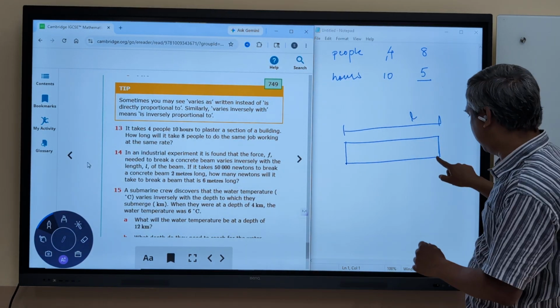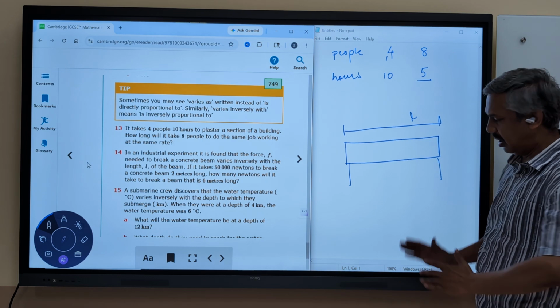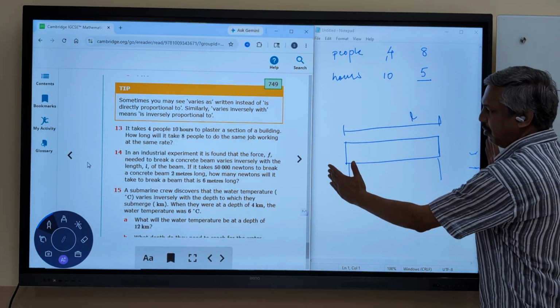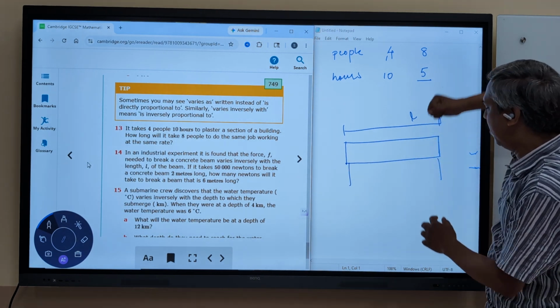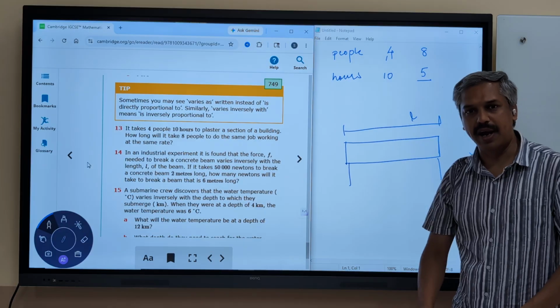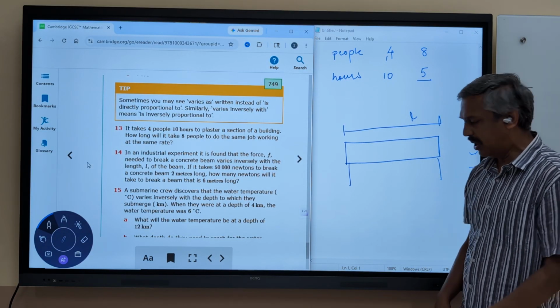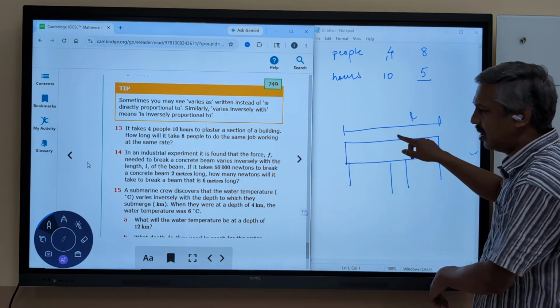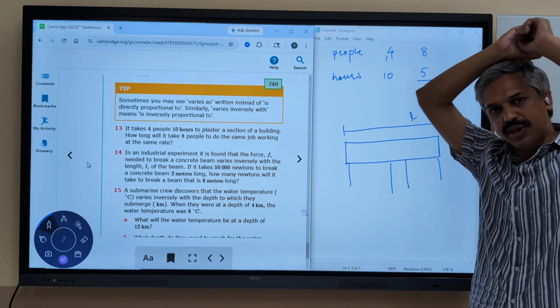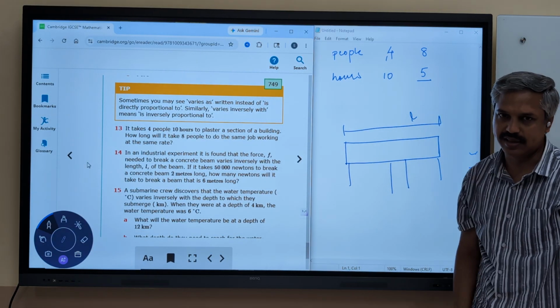Let's say there are supports at the ends. If these supports are farther and farther apart, then with the back of your hand you can break this. But if these supports are very close to each other, you can use a hammer or any other device, but you cannot break this that easily.